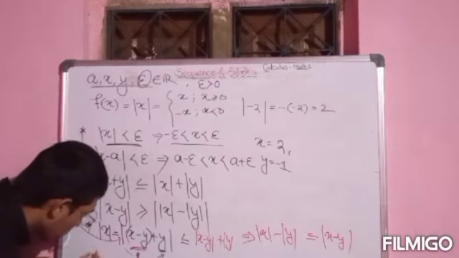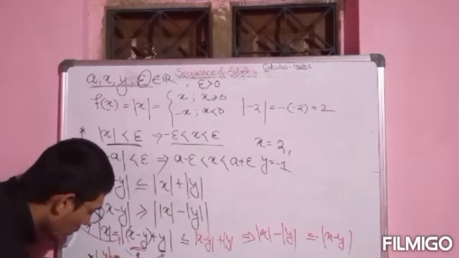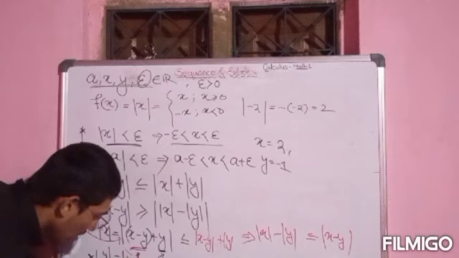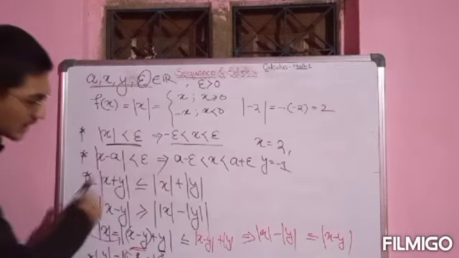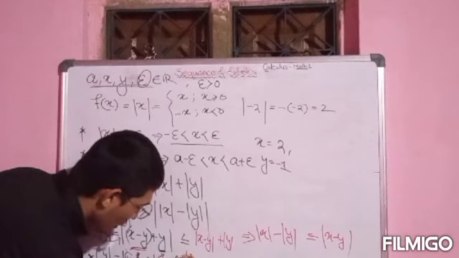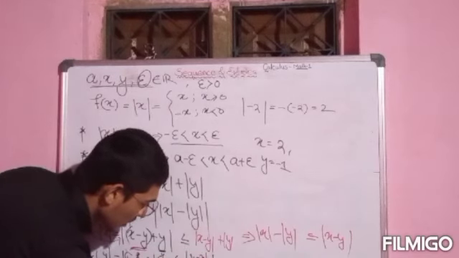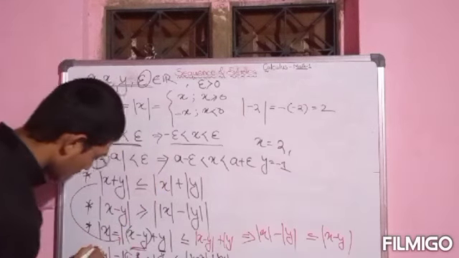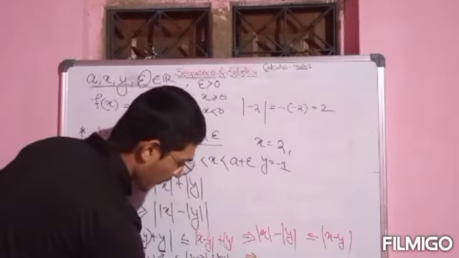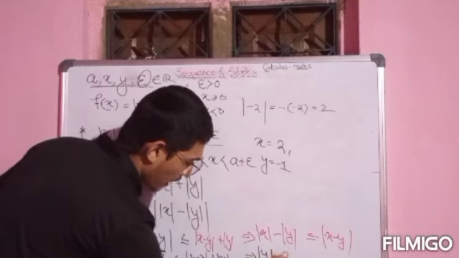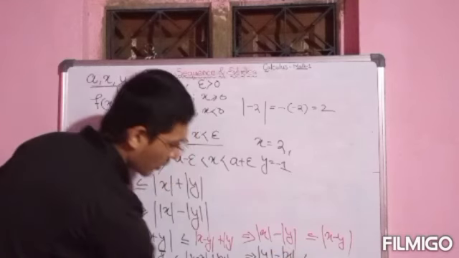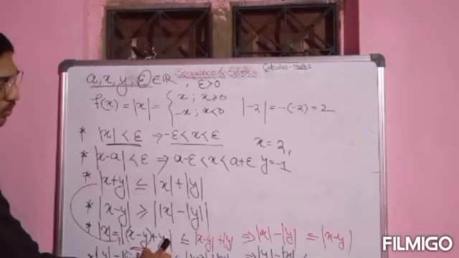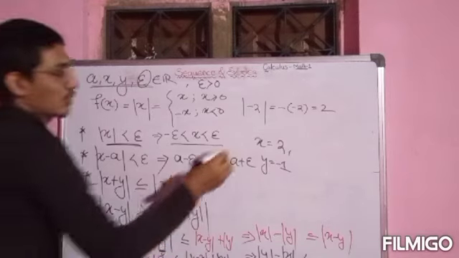Similarly, I can write mod of y equal to mod of y minus x plus x. In the same manner, I can write mod of y minus x plus mod of x. If I take this side, this is mod. What will happen? Mod of y minus mod of x is less than or equal to mod of y minus x, and this is also the same as mod of x minus y, na?